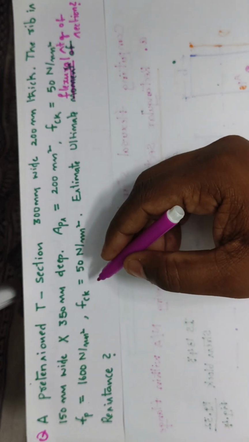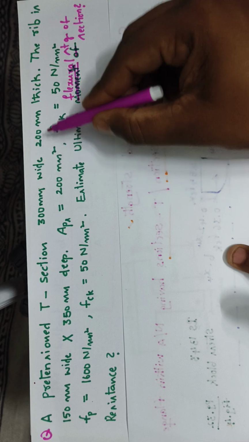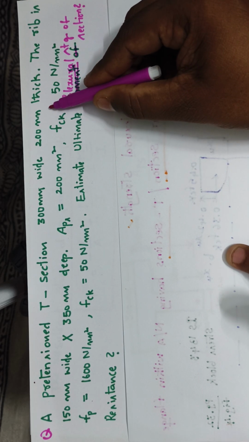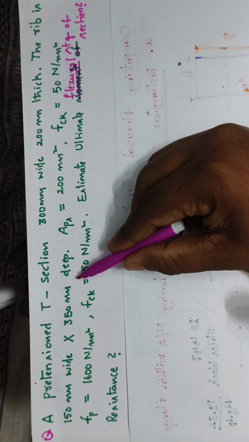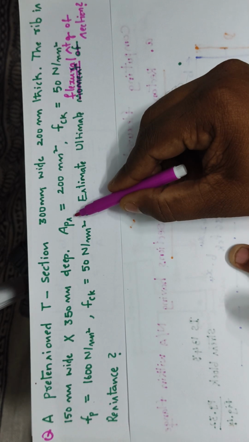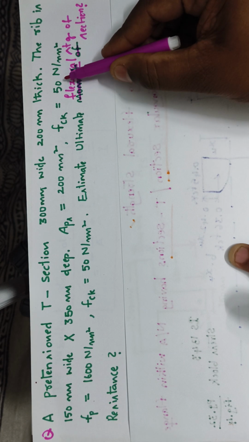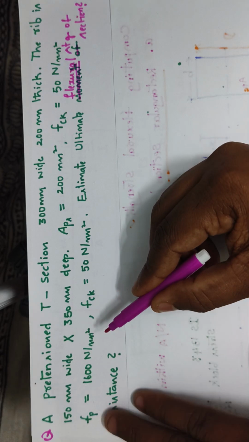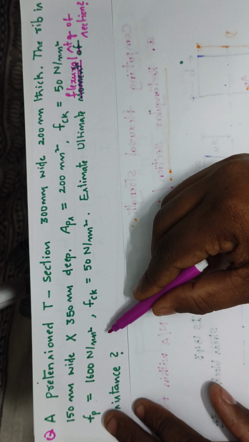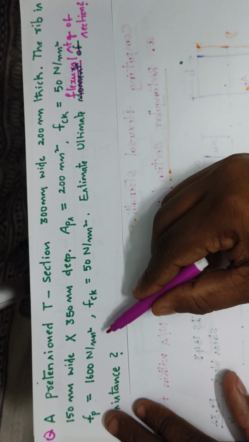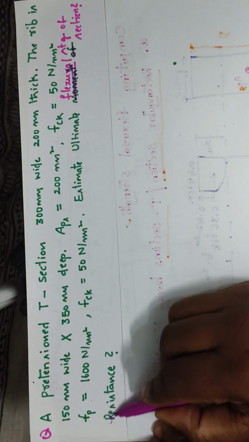The question is that a pre-tensioned T section 300 mm wide by 200 mm thick, and the rib is given as 150 mm wide by 350 mm deep, and area of pre-stressing steel is given as 200 mm square, and characteristic compressive strength of concrete is 50 Newton per mm square, and characteristic tensile strength of tendon is given as 1600 Newton per mm square, and we need to determine the ultimate flexure strength of the section.